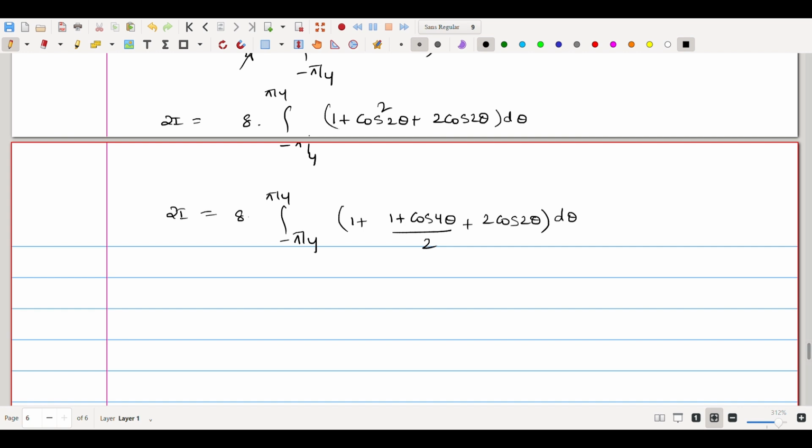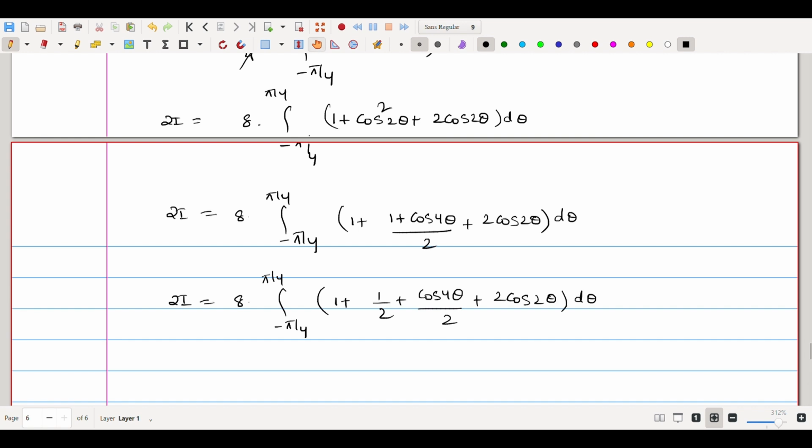So 2I equals 8 times the integral from minus pi by 4 to pi by 4 of 1 plus 1 by 2 plus cos 4 theta by 2 plus 2 cos 2 theta d theta.